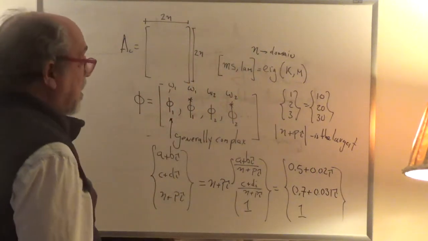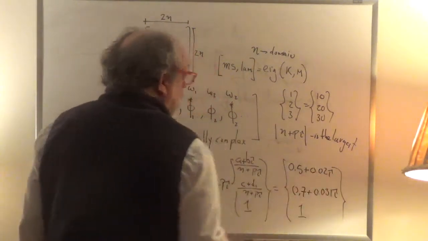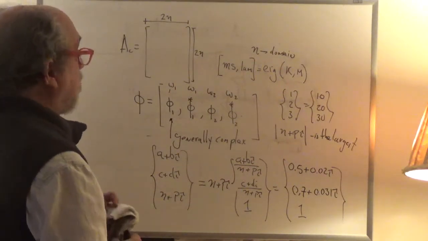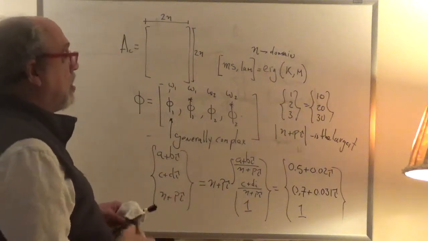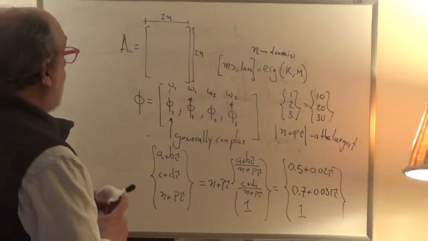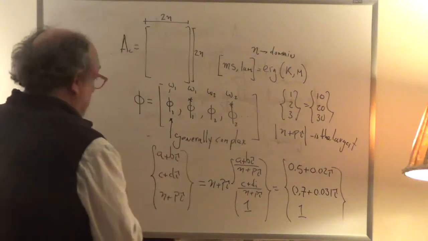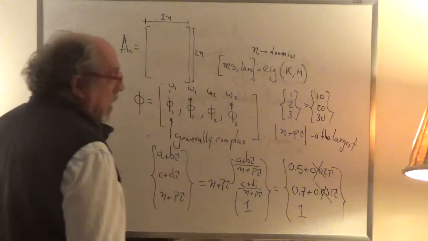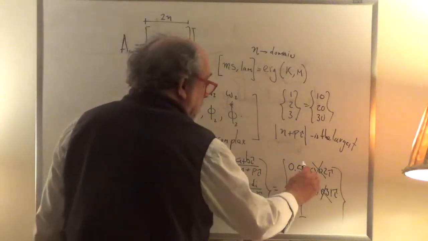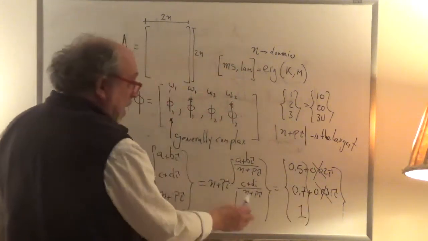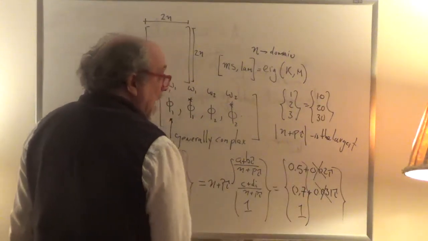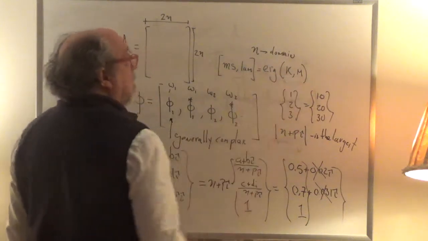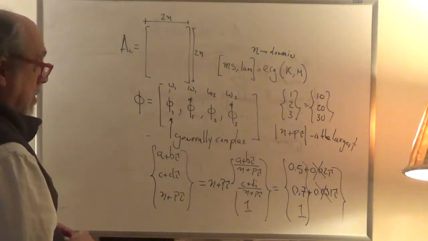That means that the imaginary part is very small, and it comes from the fact that the damping is not perfectly classical, in addition to the fact that there is noise and so on. So what we normally do then is simply neglect the imaginary part, okay, and take the mode shape of the real part after being normalized to the larger to be the best estimate we have of the eigenvector that we would get from the k and m.